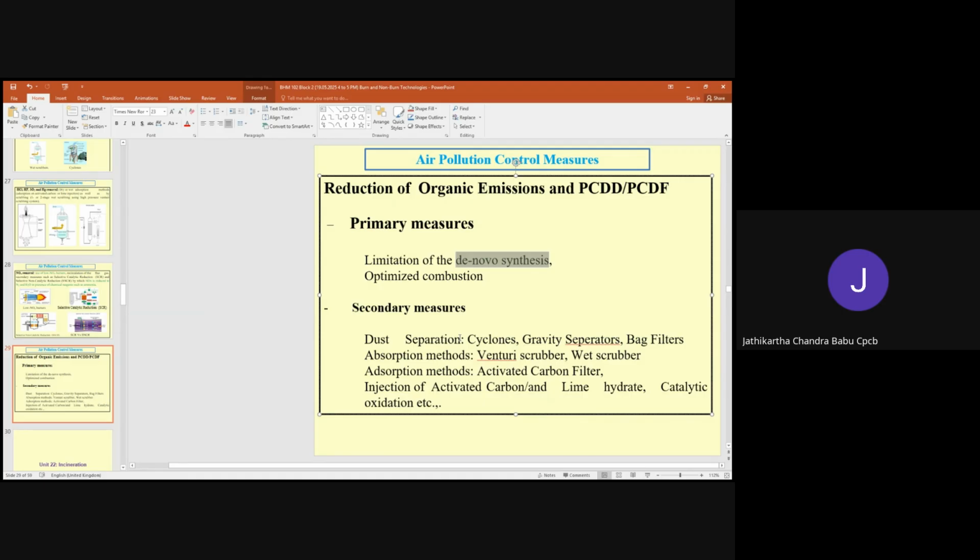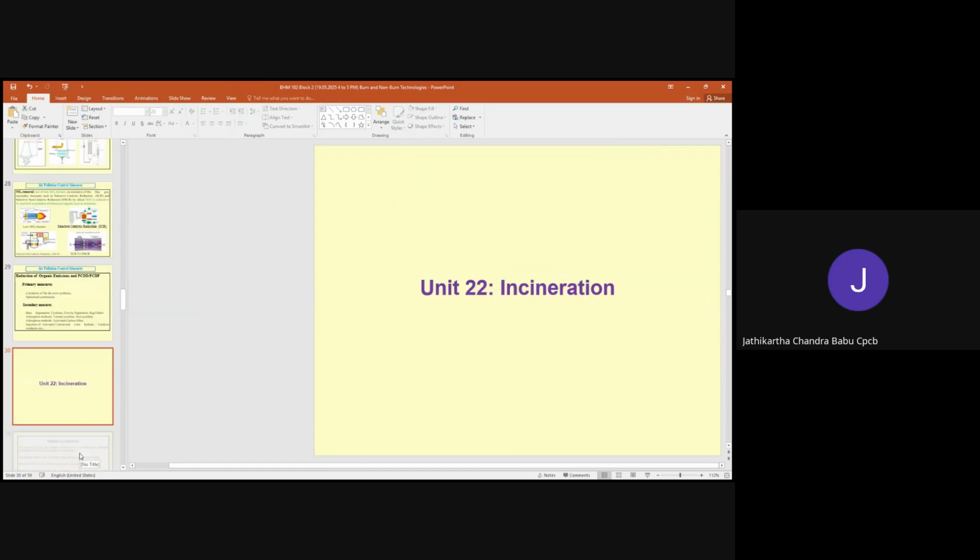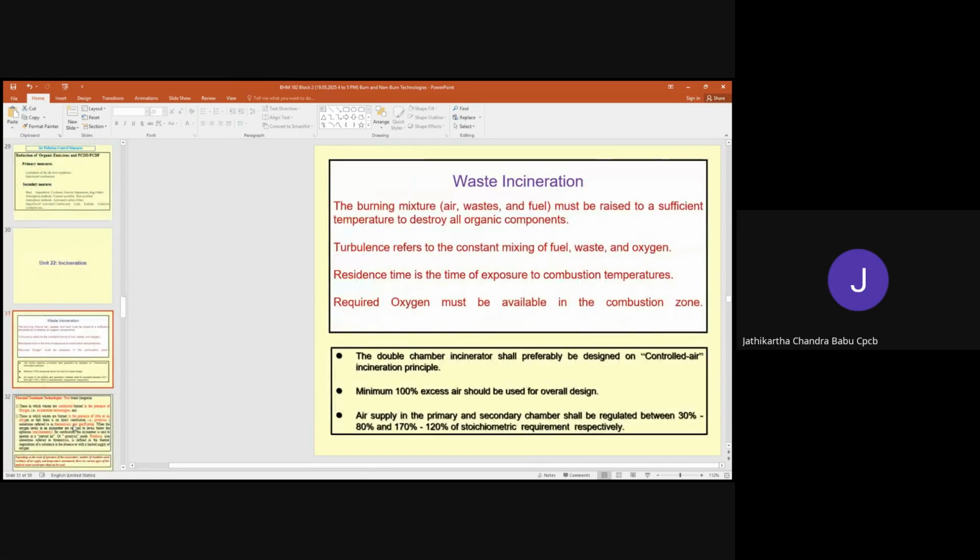This we have seen: how the primary chamber and secondary chamber convert the waste, and afterwards how the flue gas system removes the air pollutants. Now, what is incineration?